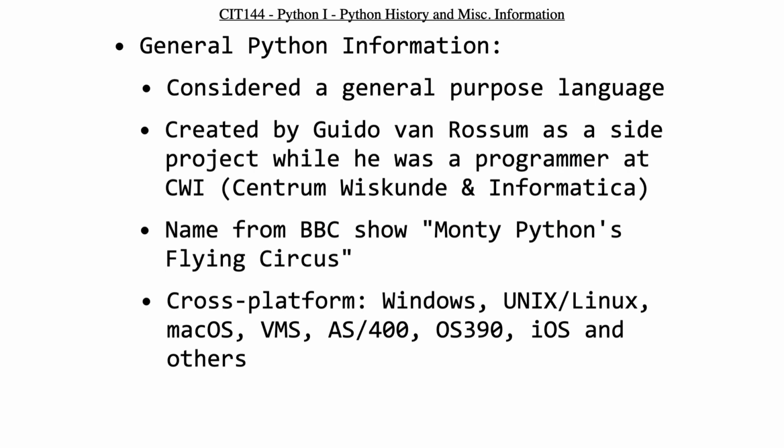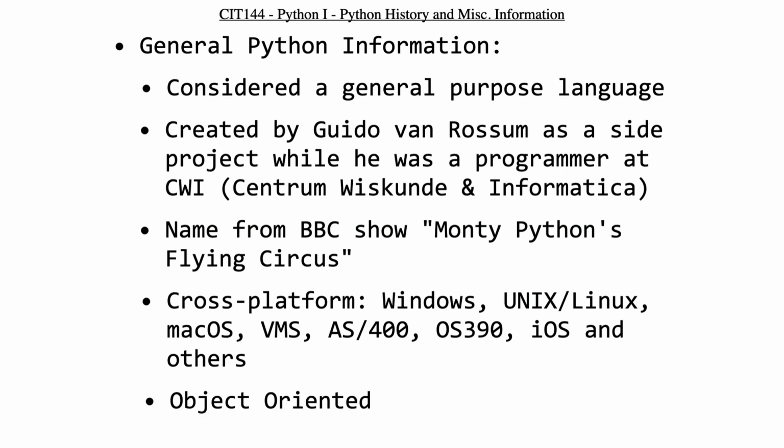And the ones I've seen cost money, but you can actually get versions of Python to run on your iOS devices, and there are other platforms or computers or operating systems that allow you to run Python.